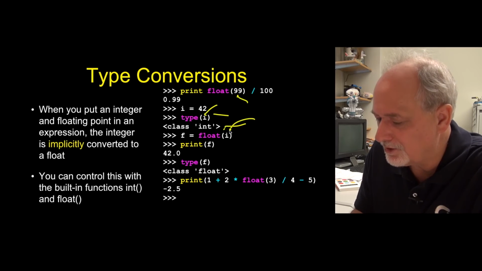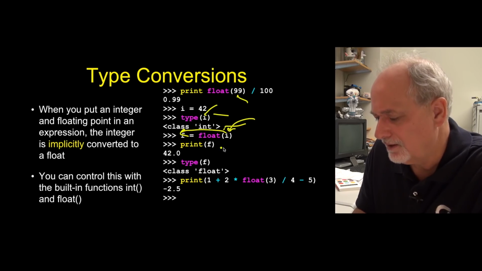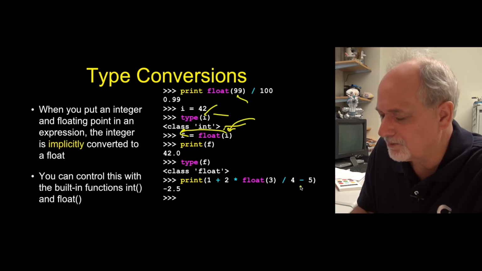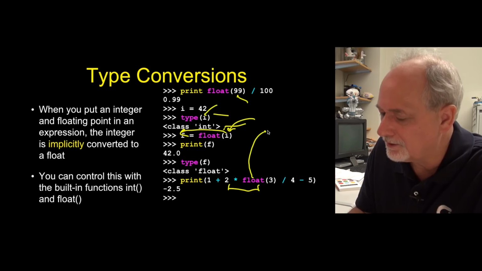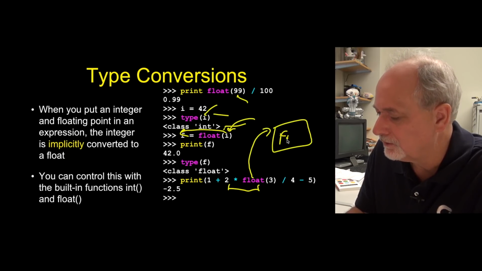This passes an integer in, converts it to a float, and then puts the float into that. Type tells us what kind of thing that is, and you can use this inside of an expression. So what am I going to do first? I've got to do 2 times this thing. Wait a sec. Pause briefly to call out to some float code.